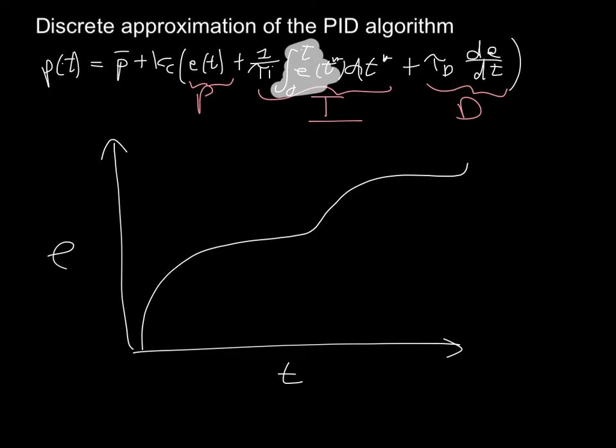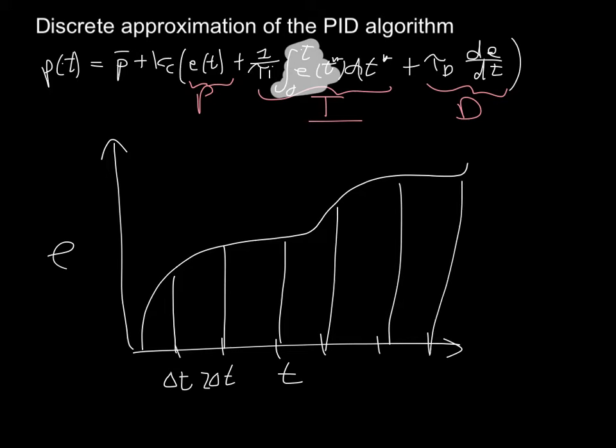we could of course think of this integral term as being the area under this curve, so all of that area. But if we were approximating that in a discrete fashion, and we had only the samples at multiples of delta t, so if this was delta t and so on, then we would be able to construct a sum approximation of that integral.